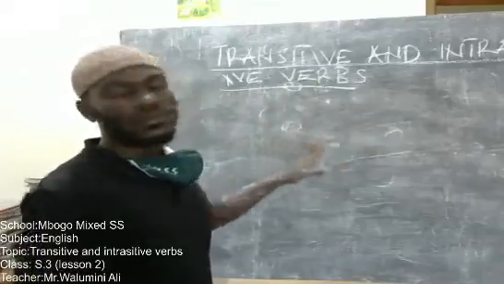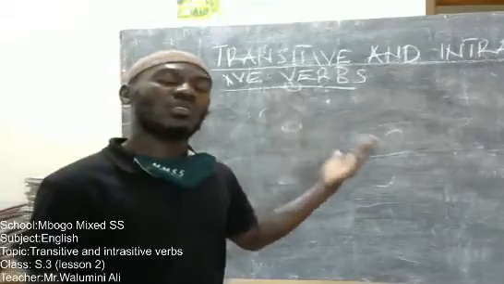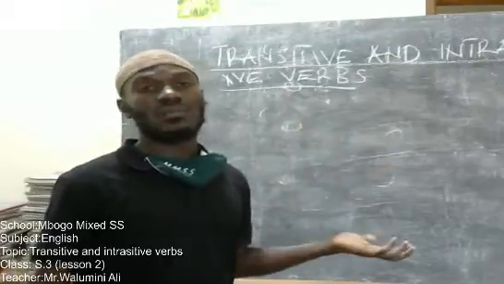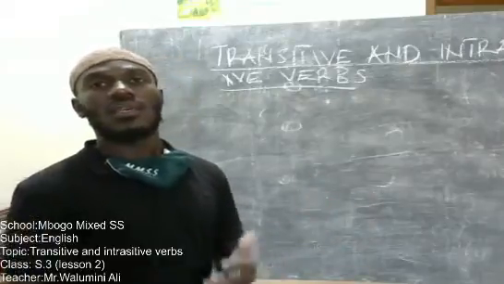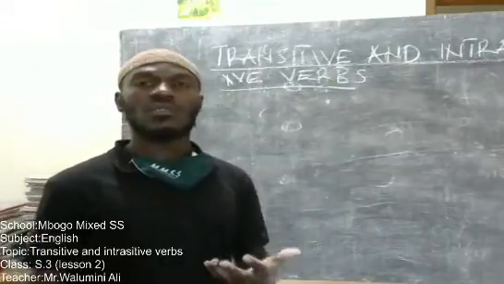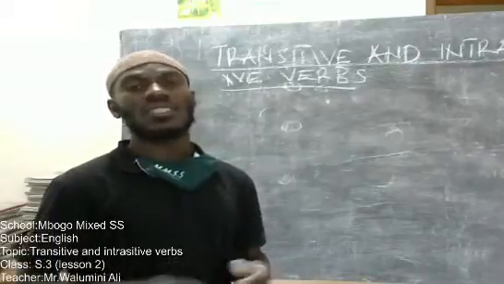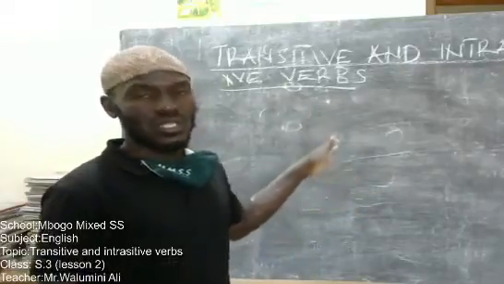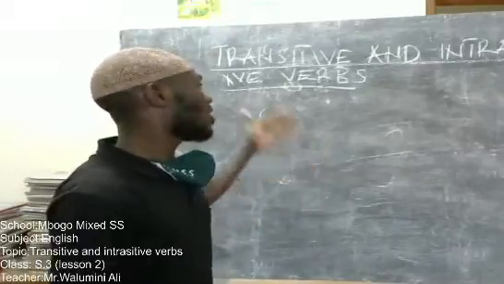Then we went down and said that we have what we call transitive and intransitive verbs. A transitive verb is the one that requires an object or a direct object in order for it to make complete sense in the statement or sentence. And we gave examples in these sentences.